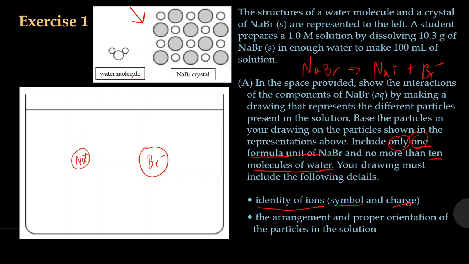Now, looking here at the water molecules, here we have the bigger atom, of course, should be the oxygen, so that's the partial negative side, and these should be the partial positive sides on the hydrogens there. So which way should I orient the water molecules around the sodium?